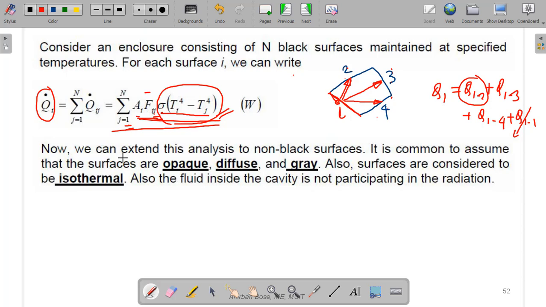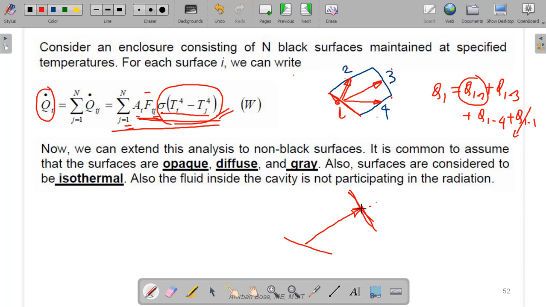Now we can extend this analysis to non-black surfaces. If it is a non-black surface, then what is the problem? The problem is that the reflection part will come into the picture. If you consider these two surfaces, from this surface something will be emitted and will strike the other surface, and the whole thing is not going to be absorbed because it is not a black surface.